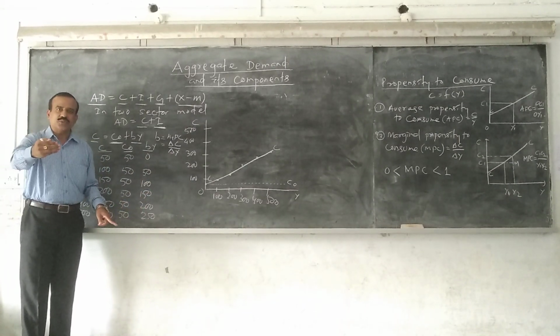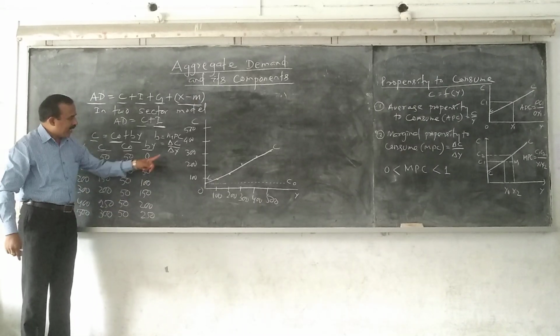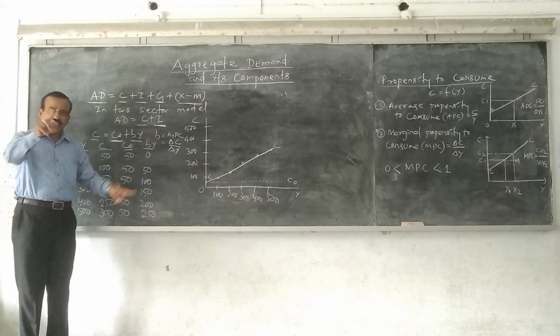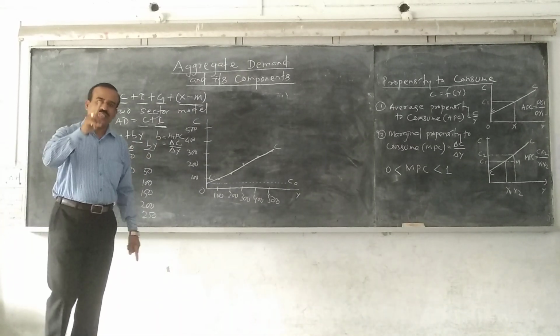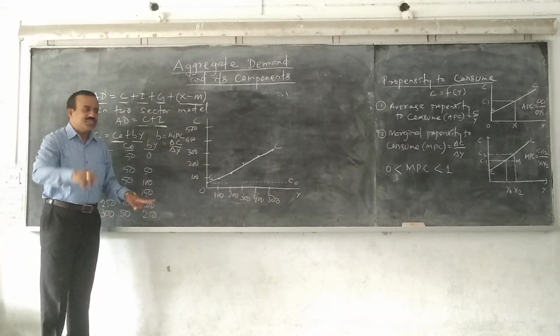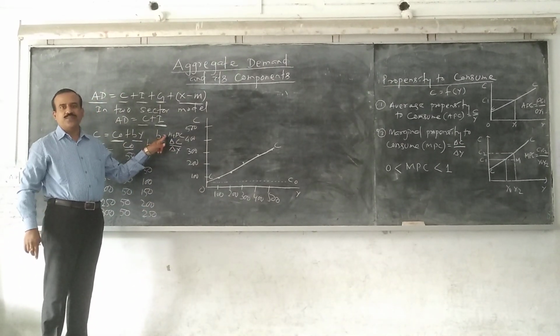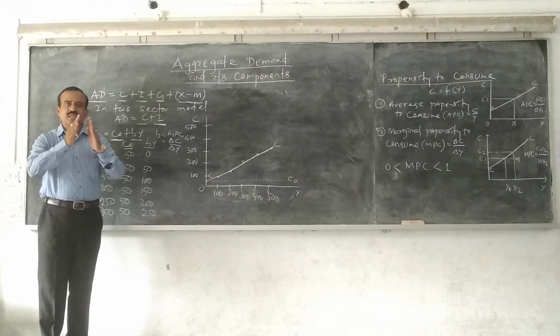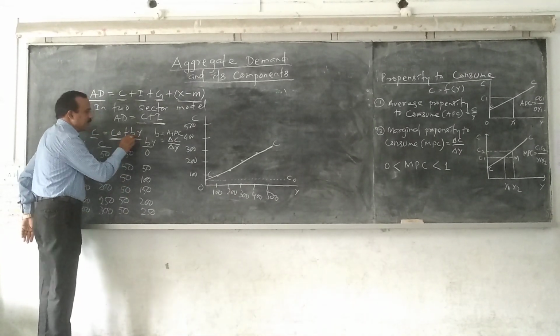So the ratio between change in consumption and change in income is called MPC. In other words, MPC is the rate at which consumption changes with the change in income. If you multiply MPC with the level of income, that gives you induced consumption.